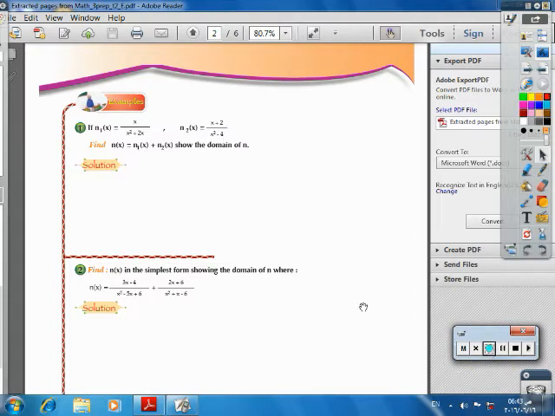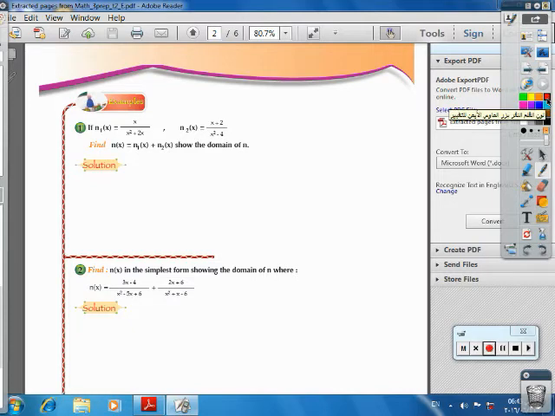If n1(x) equals x over x² + 2x and n2(x) equals (x + 2) over x² − 4, then find n1(x) + n2(x) and show the domain of n.